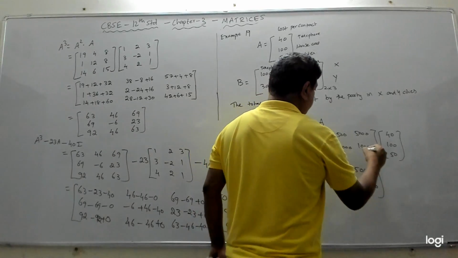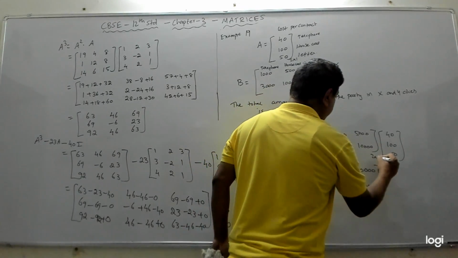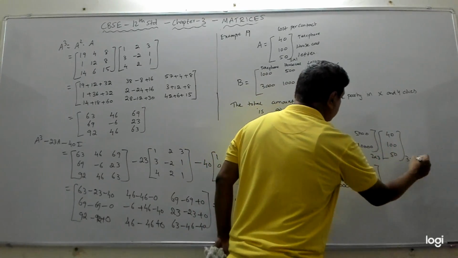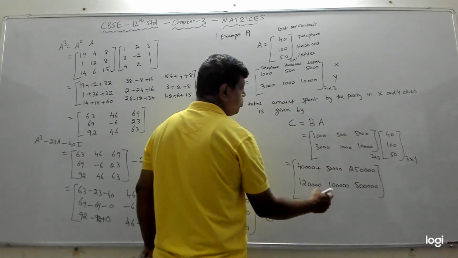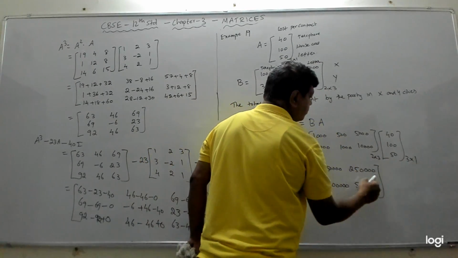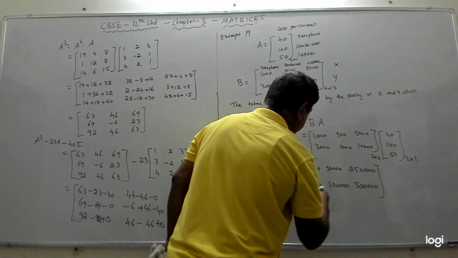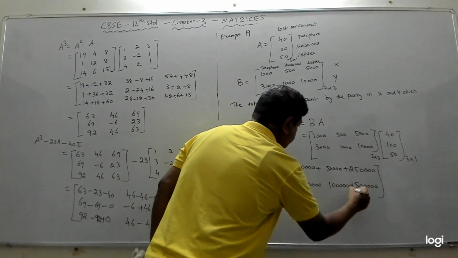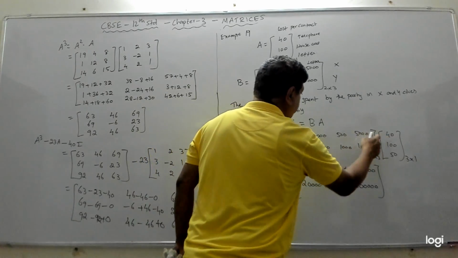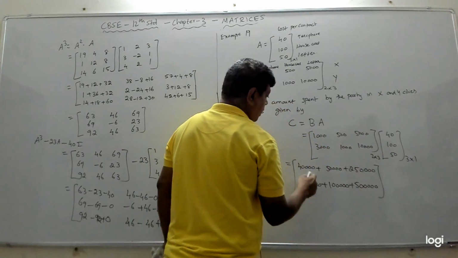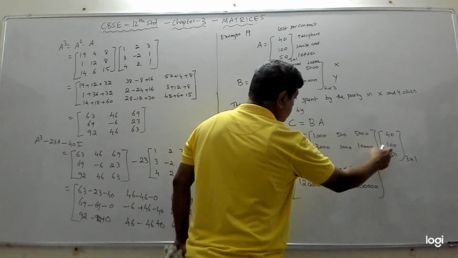See, obviously this order is 2 cross 3 and this is 3 cross 1. So the final output of the matrix will be 2 cross 1. That's how we do the multiplication: this into this plus this into this plus this into this, and again this into this plus this into this plus this into this.